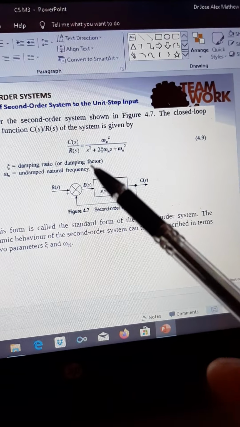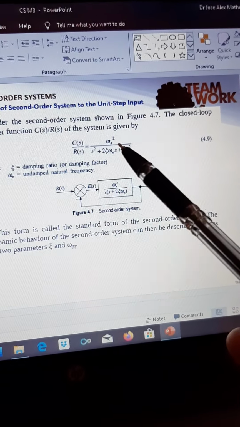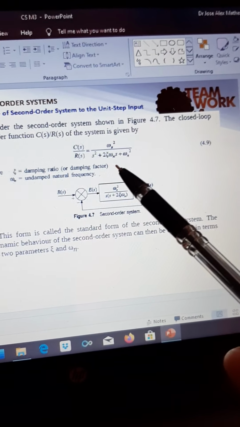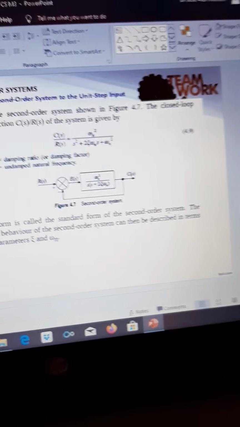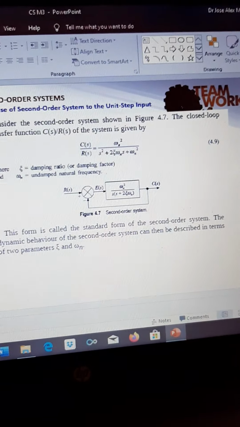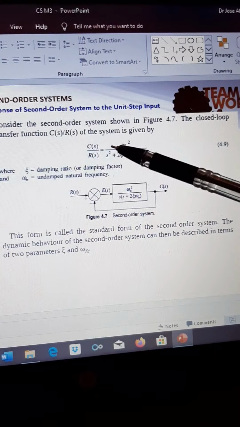When you rearrange it, you get C(s)/R(s) equal to omega n square divided by s square plus 2 xi omega n s plus omega n square. This C(s)/R(s) is known as the standard form of the second order system.